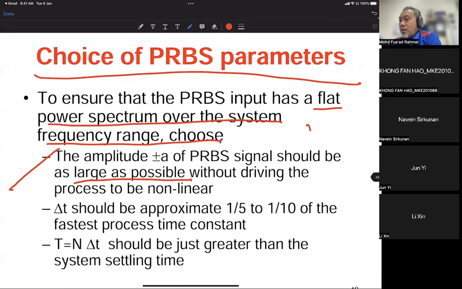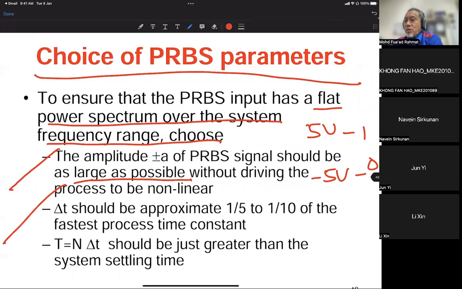Let's say 5 volt for logic 1 and negative 5 volt for logic 0, so it is 10 volt peak to peak for the input signals. This is vital, without driving the process to be nonlinear. So we try to increase the amplitude from small amplitude to big amplitude.